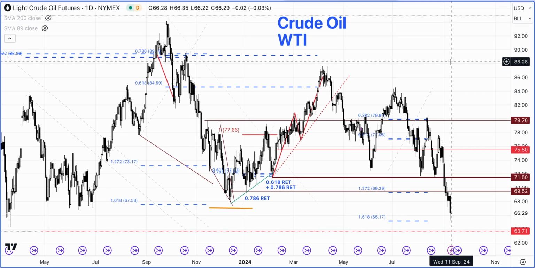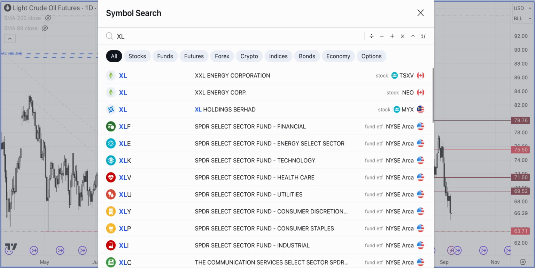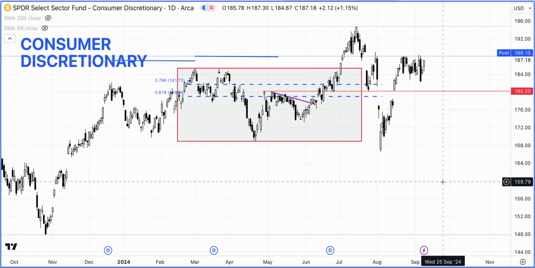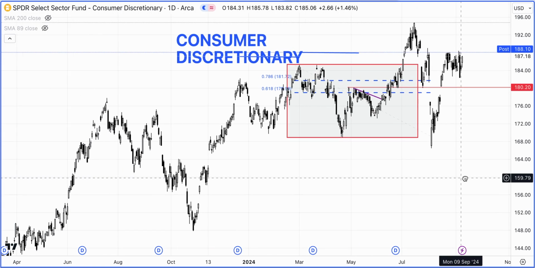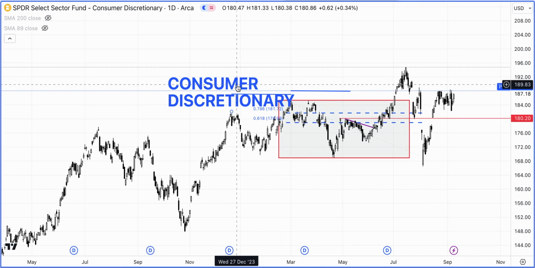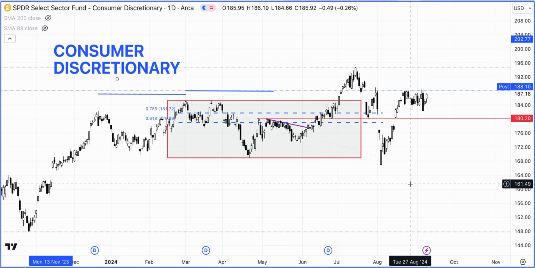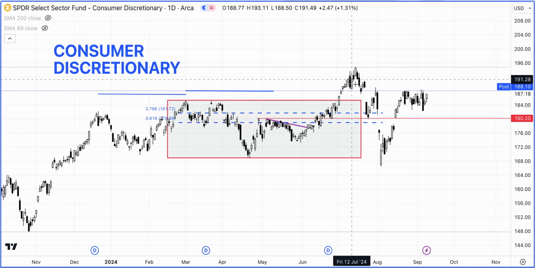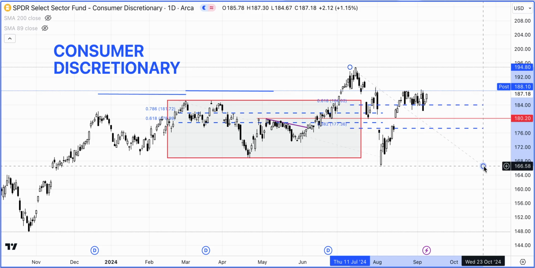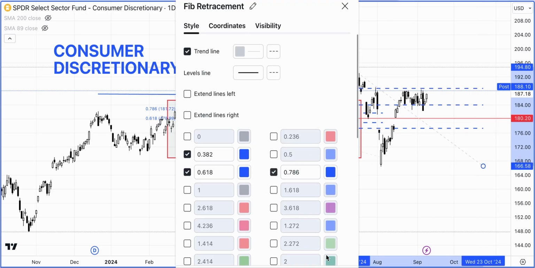Okay, and then let's take a look at XLY. This is the consumer discretionary. The consumer discretionary has had a bounce back, but it's still a retracement, because it's still right at the 78.6%.